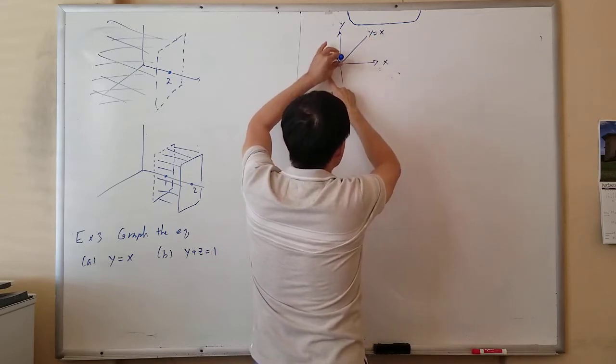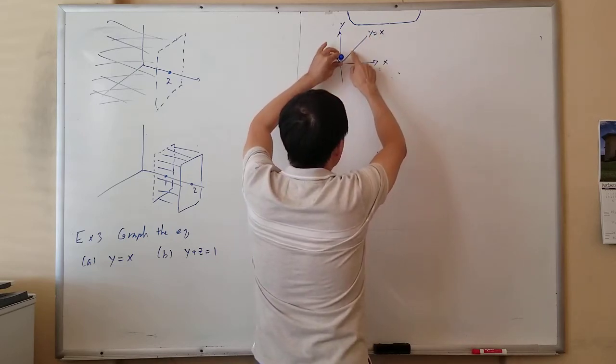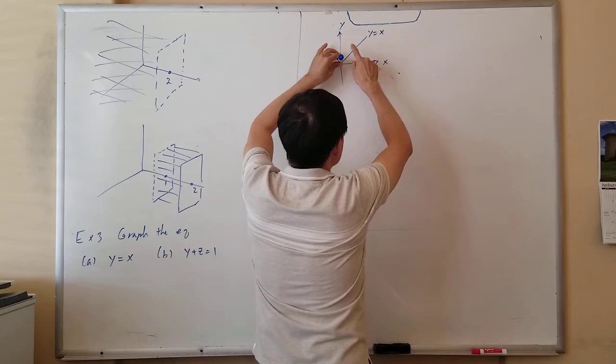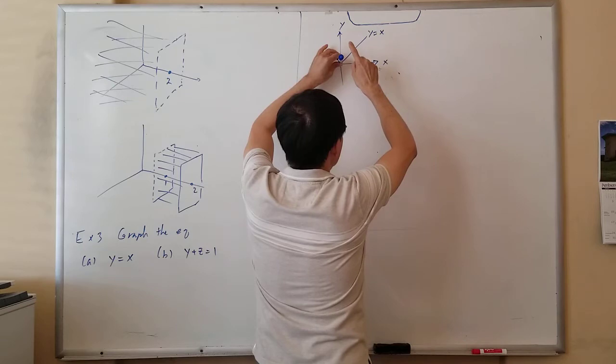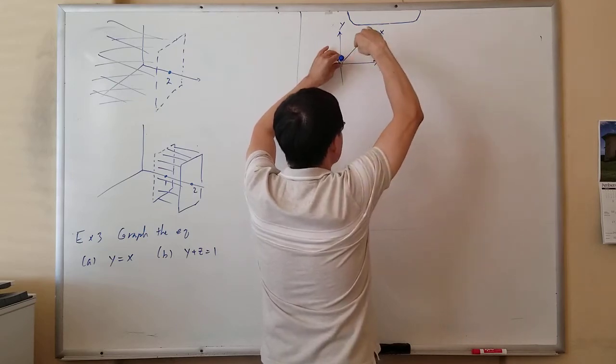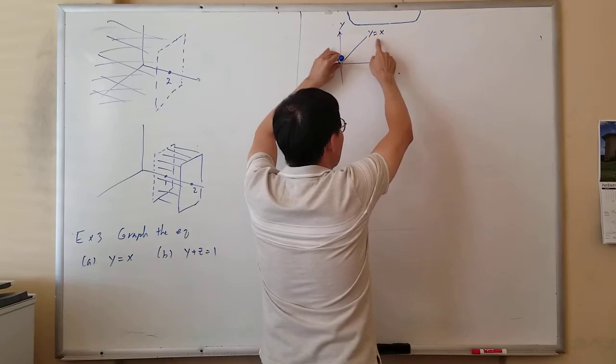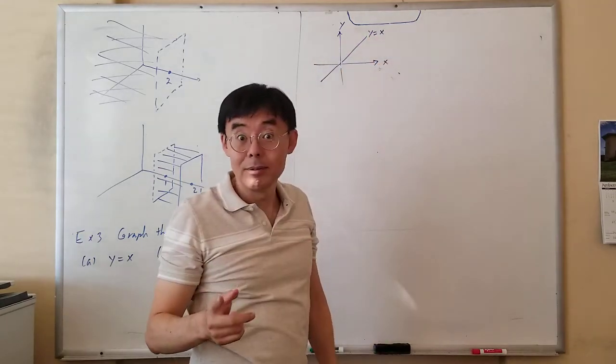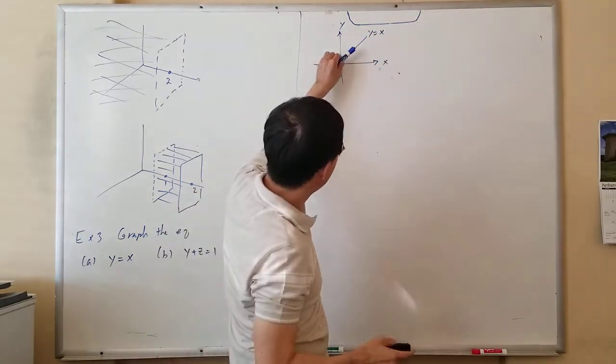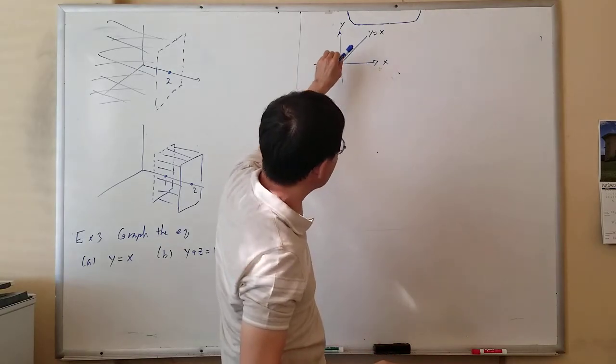(-1, -1, 0). What about the point one unit up? That would be (1, 1, 1), right? Or (1, 1, 2), (1, 1, 3). All of them will satisfy the x and y coordinates being equal, right? So any points above this xy line.